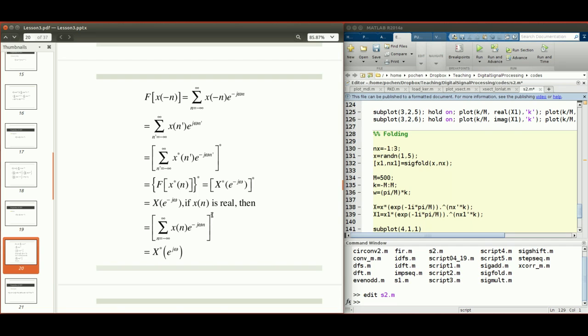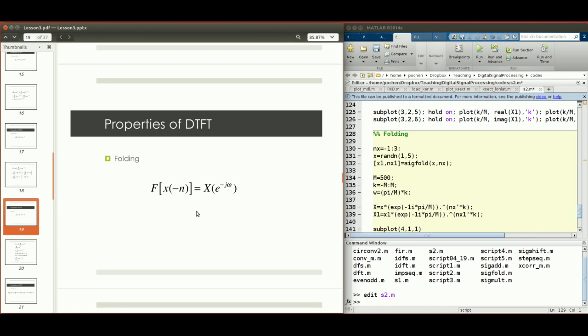And then now you consider the star, the conjugation. You can put the star onto big X. What you are getting is big X star e to the j omega, right? So if the input signal is actually real, then folding it in the time domain is going to conjugate the Fourier transform in the Fourier domain.